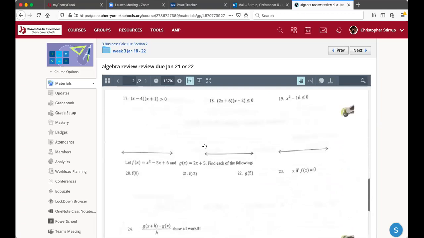And then 17 through 23. Any of those you want to see? 22, please. Anything else up through 23?